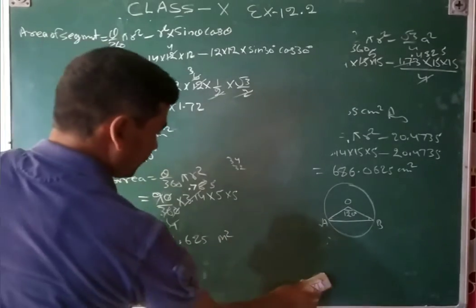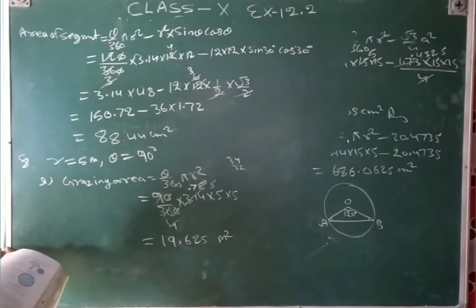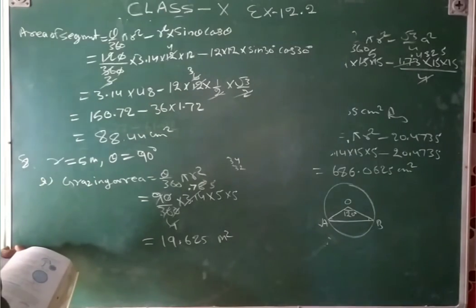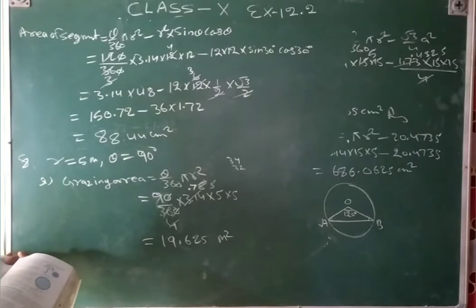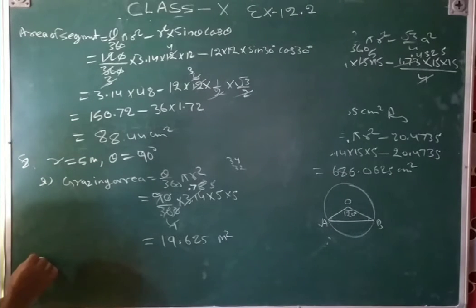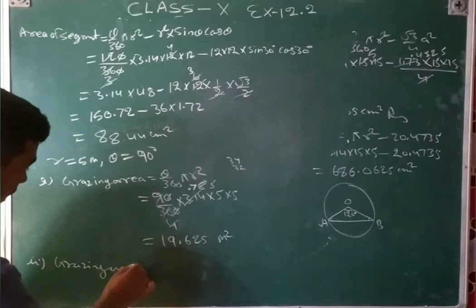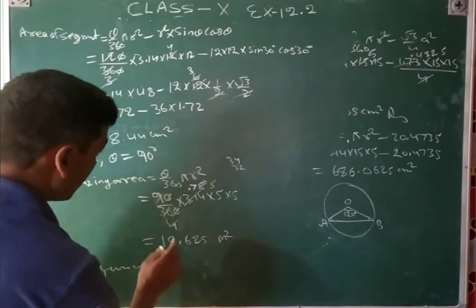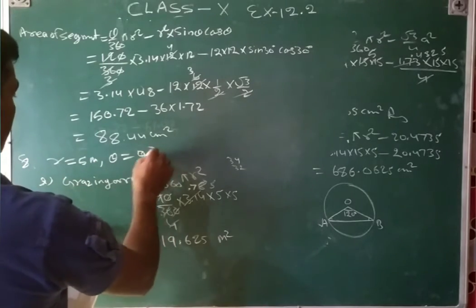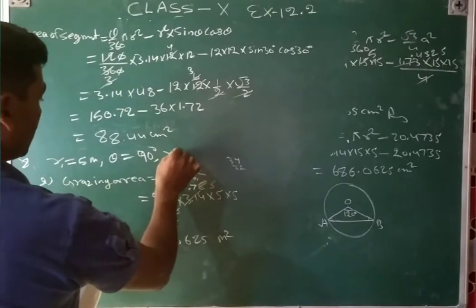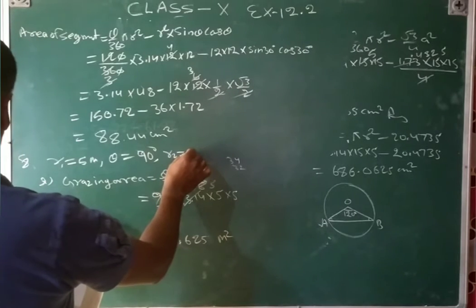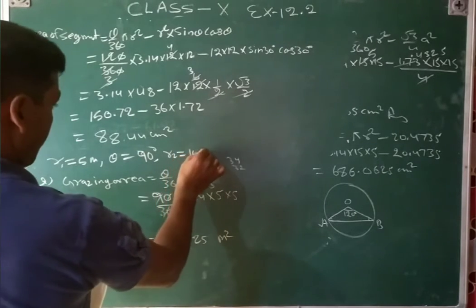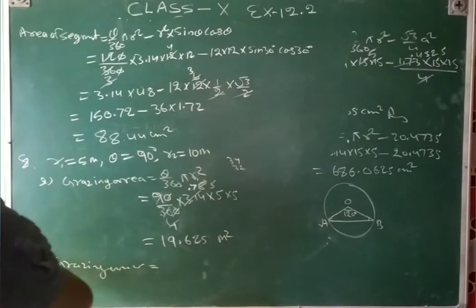And then second part, the increase in grazing area if the rope were 10 meter long instead of 5 meter. Now area of grazing area is equal to, now the second radius, we can write R2 is equal to 10 meter.